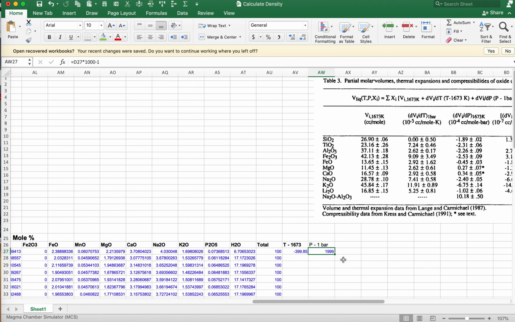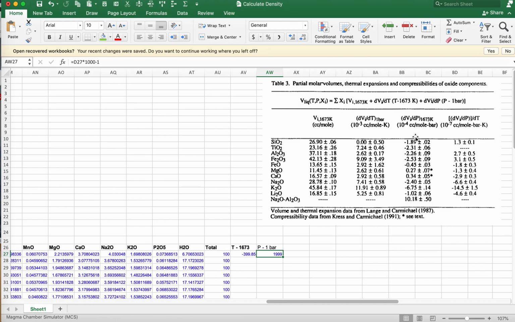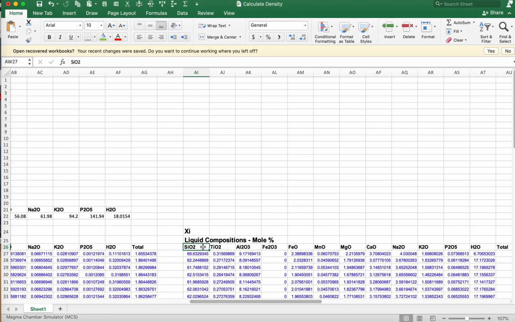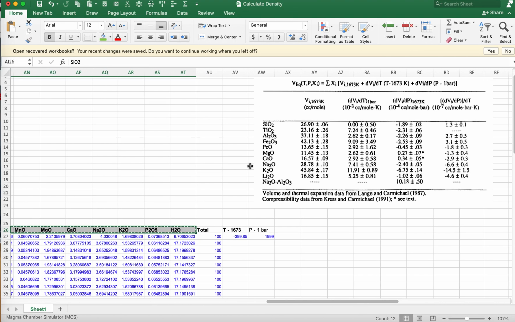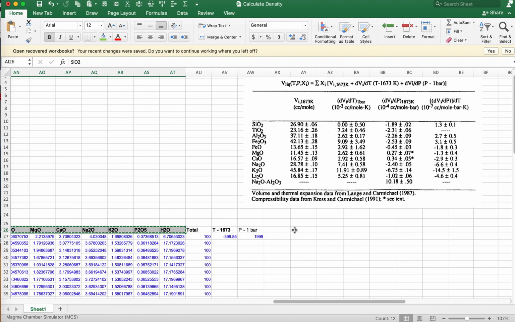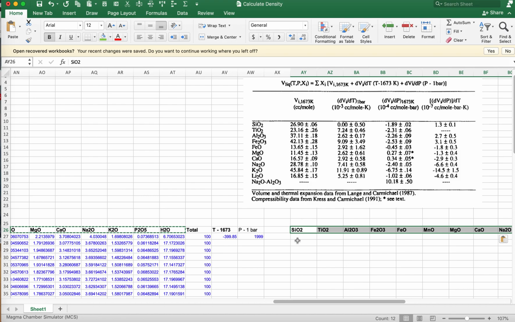So we have a system that is 1,999 bars above the reference of 1 bar. And we're going to make use of that. We're going to do calculations for all of these oxides, including water. We're going to use another paper by Lange, Feldstein and Lange. We'll look at that later.